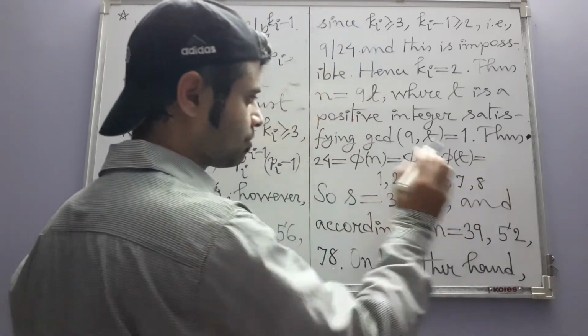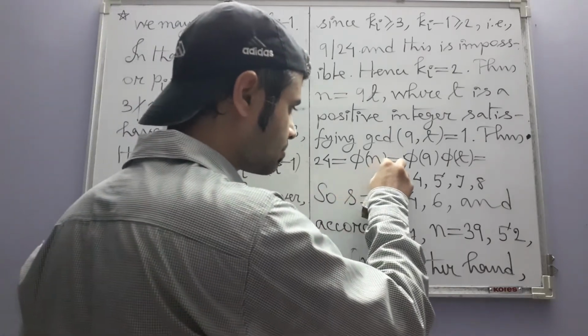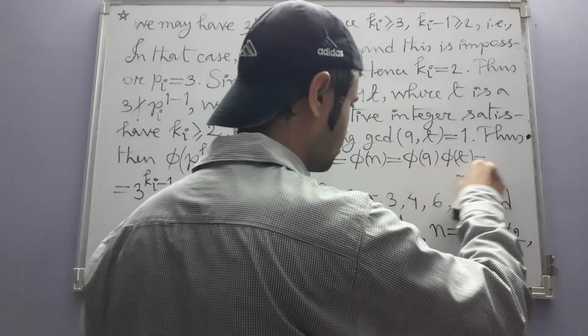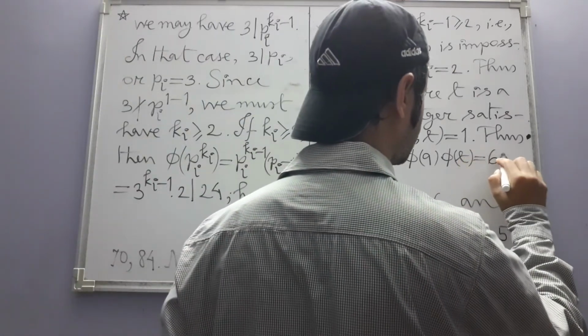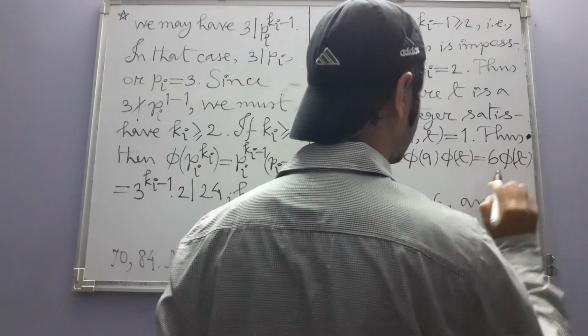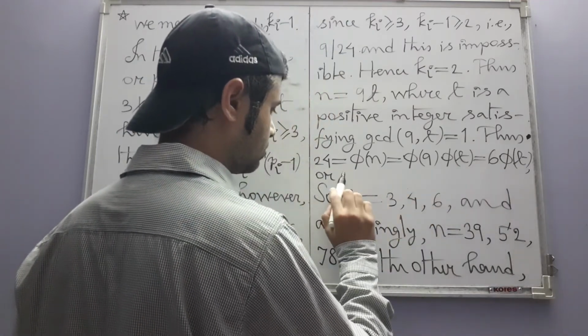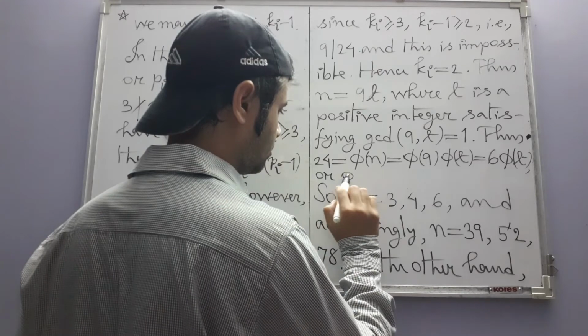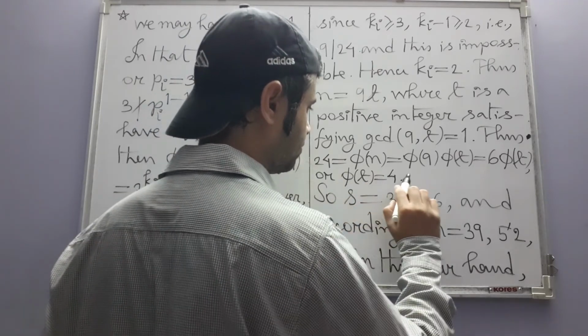Six integers. So phi of 9 is 6, times phi of t, or phi of t should be equal to 4.